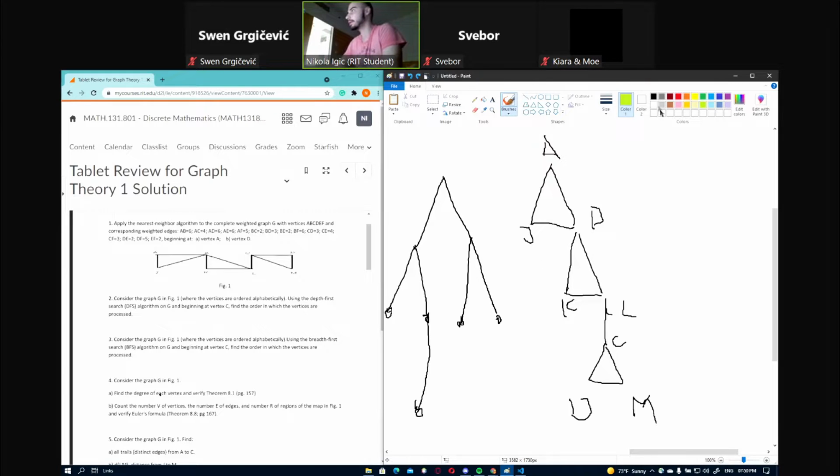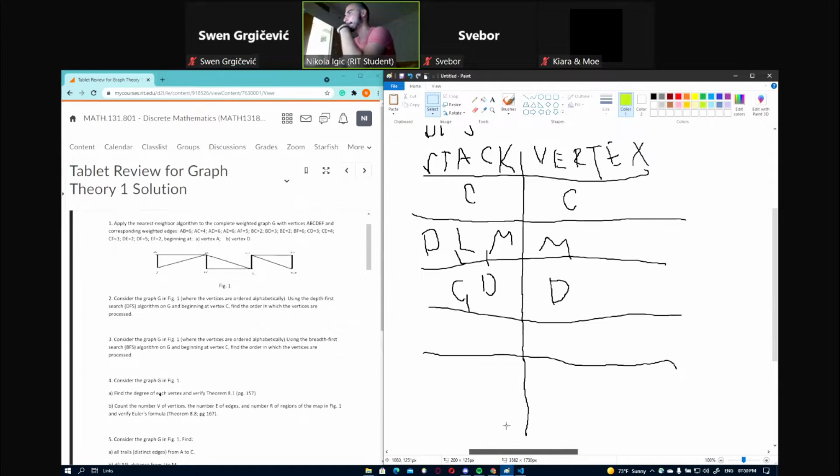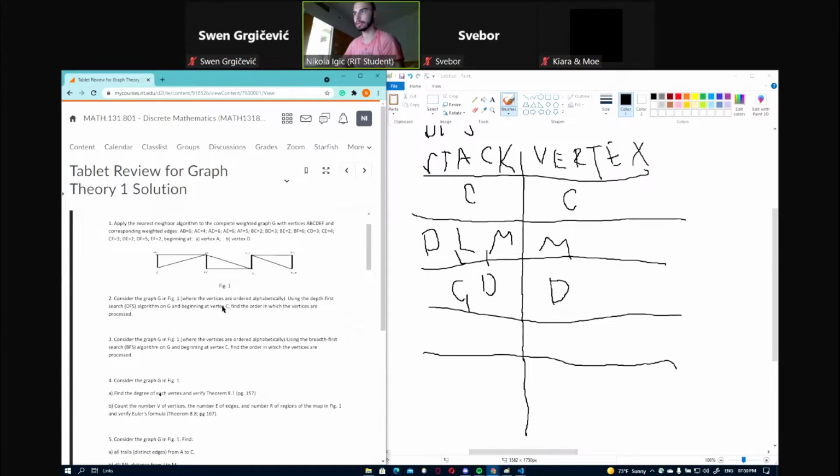Okay. Then the only thing left is writing it. So what you're writing here is where you are. It starts from where you are. I'm on C because it said that I'm on C. Then I'm saying where I can jump. From C, I can jump to D, M, and L. I write it as LDM, DLM, or LMD.